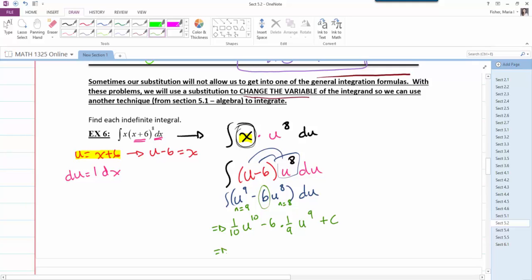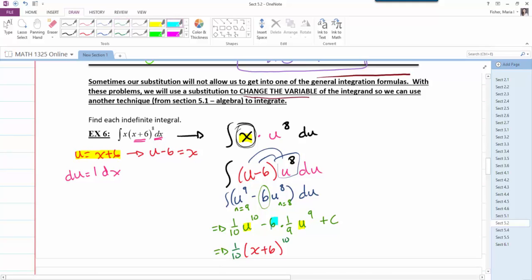So then I know that I want to do two things. I want to put this back in terms of x's, and then I'm going to clean up where I can. So this becomes 1/10. Remember, u is equal to x plus 6. That gets raised to the 10th power.